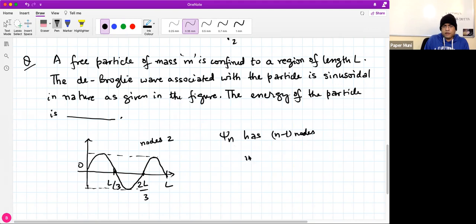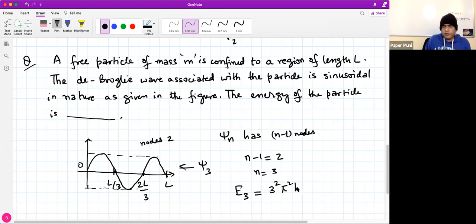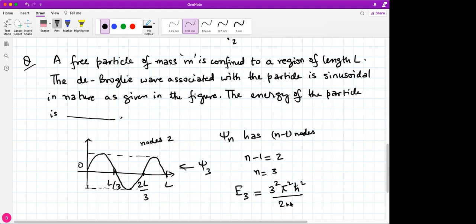In this case the number of nodes is equal to 2, so n is equal to 3. So this is psi 3, and the quantum number is 3, so what will be the energy? E3 is equal to 3 square pi square h cut square by 2 m L square, where L is the length of the box.